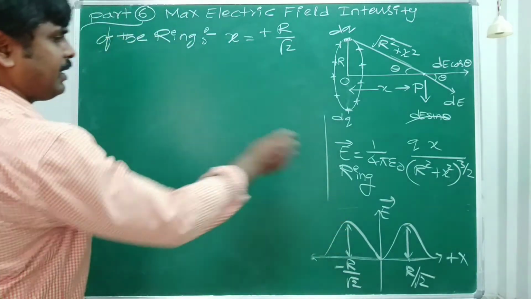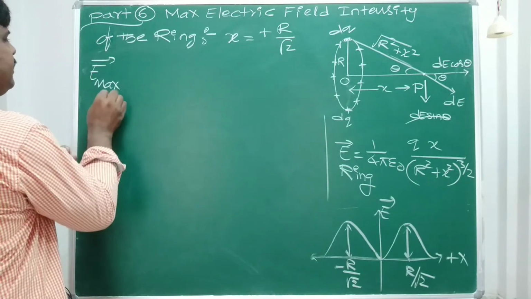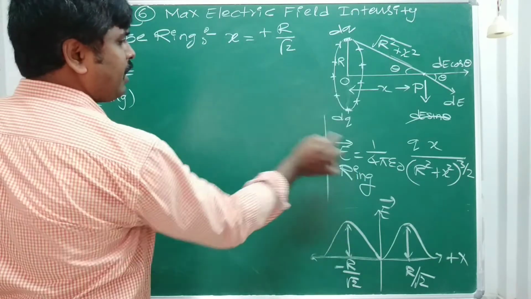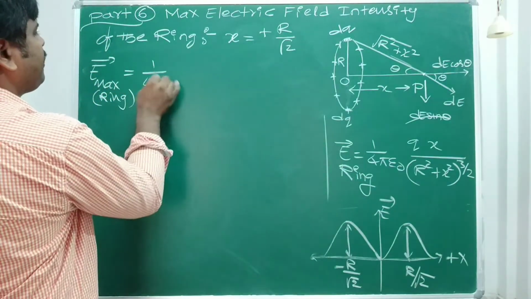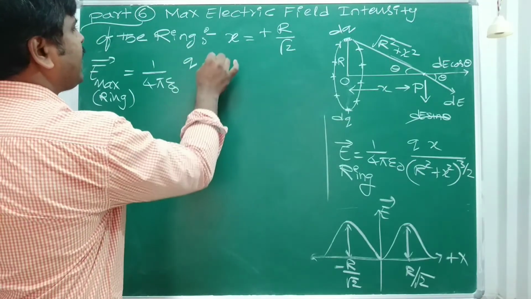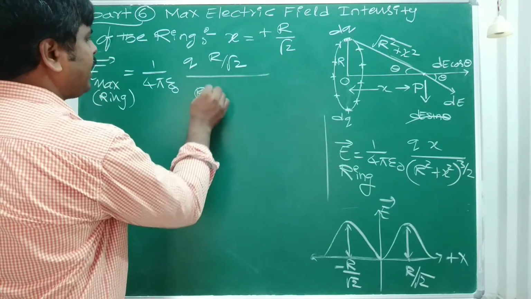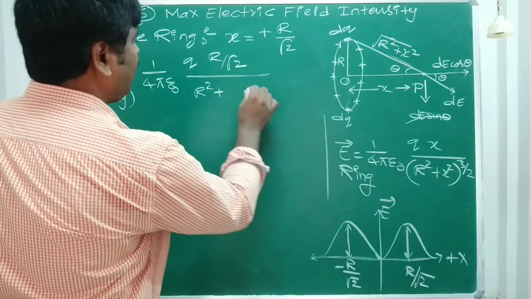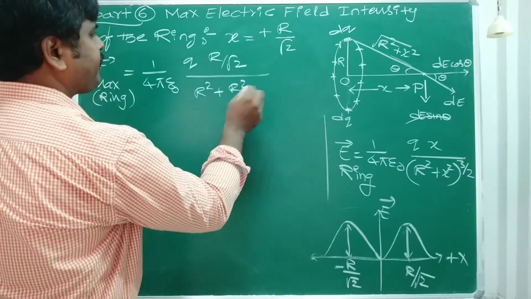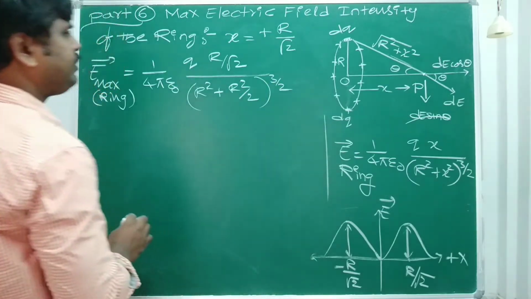The resultant equation: E maximum of the ring is equal to 1 by 4 pi epsilon naught q into x value, r by root 2, divided by r square plus r square by 2, whole to the power of 3 by 2.